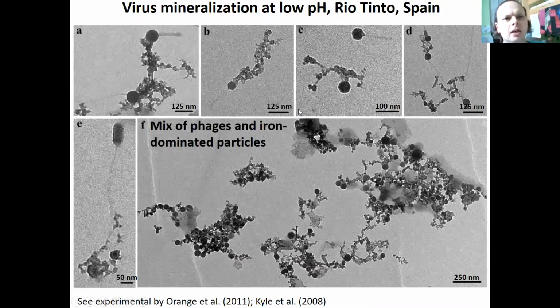The first approaches on viruses and minerals other than calcium carbonate were done back in the early 2000s. Here is one such experimental study, but also some data coming from the Rio Tinto copper mine in Spain, where we can see viruses with tails.